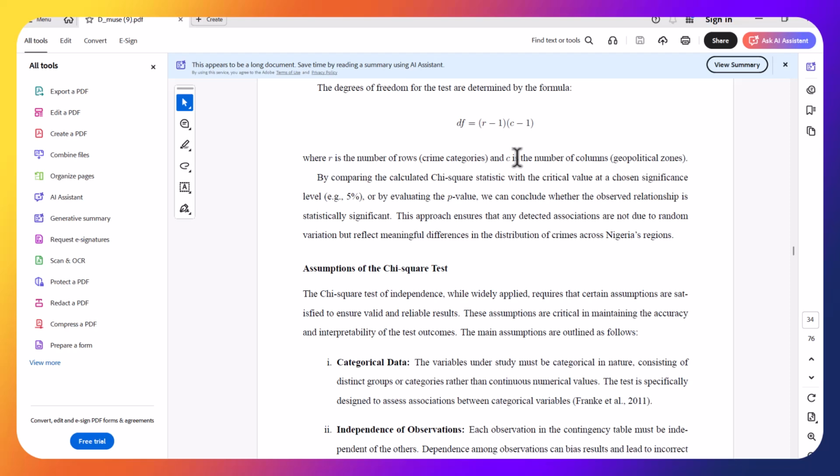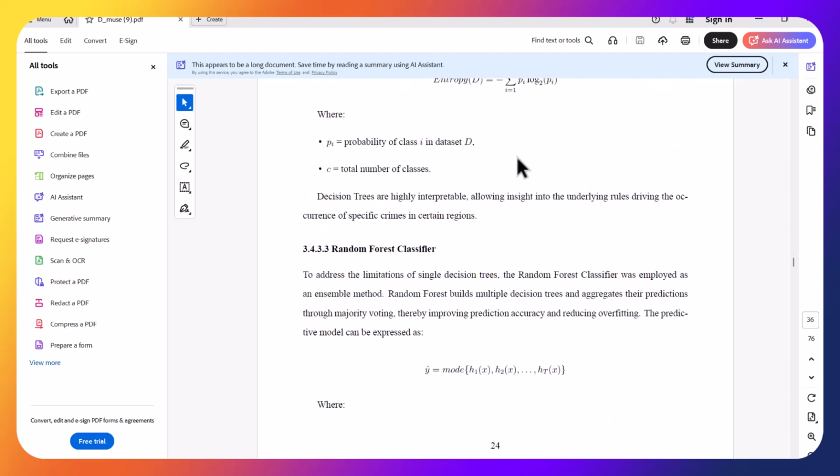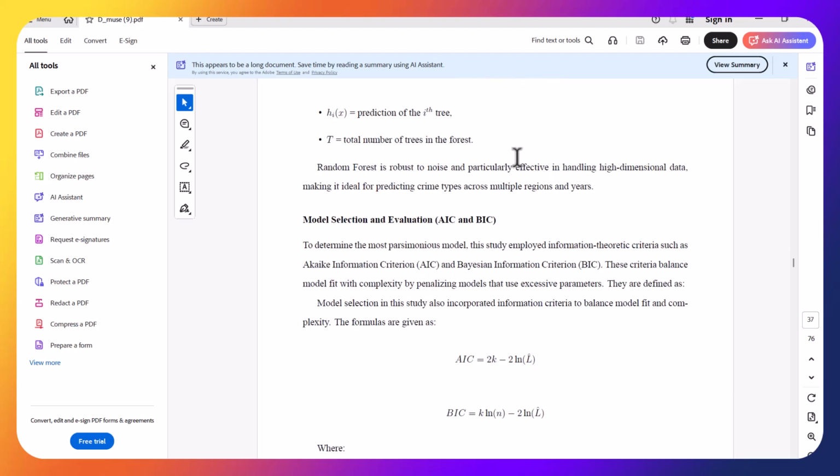Then we talk about the assumptions of the statistical method you are going to be using, in this particular case the chi-square test. Then talk about the machine learning, of course. The machine learning models we are going to be using are logistic regression and random forest. They also use some evaluation techniques such as the AIC, the Akaike information criterion, and the Bayesian information criterion.